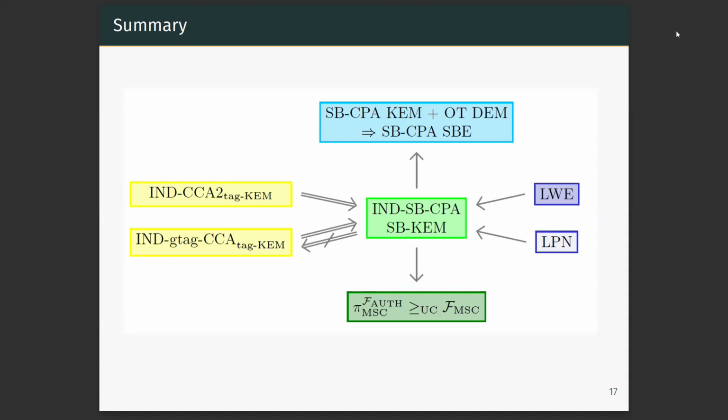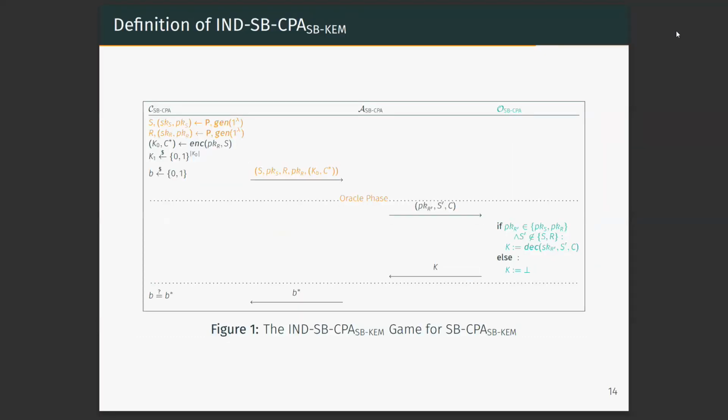Thanks for the talk. So I was curious, how does your formalization of sender binding key encapsulation compare with some other formalizations of generalizations of KEM? So for example, there was something known as a split KEM, where you again have this distinction of a sender and a receiver.